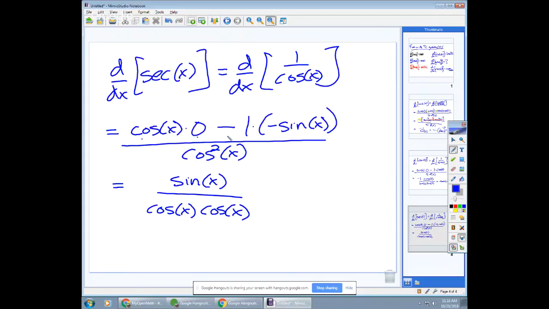We get a negative times a negative, which is positive, sine of x, divided by cosine times cosine.